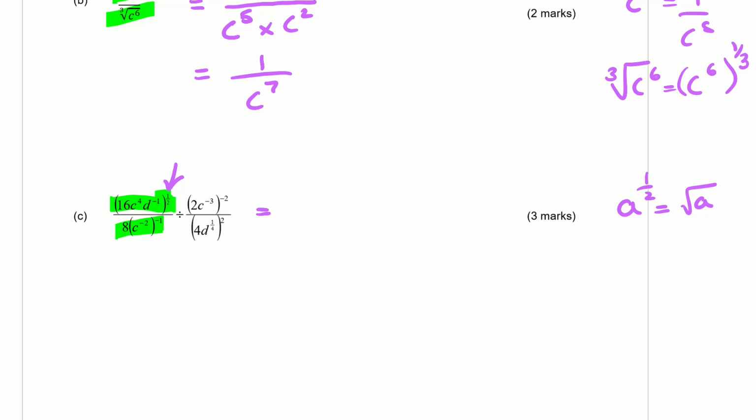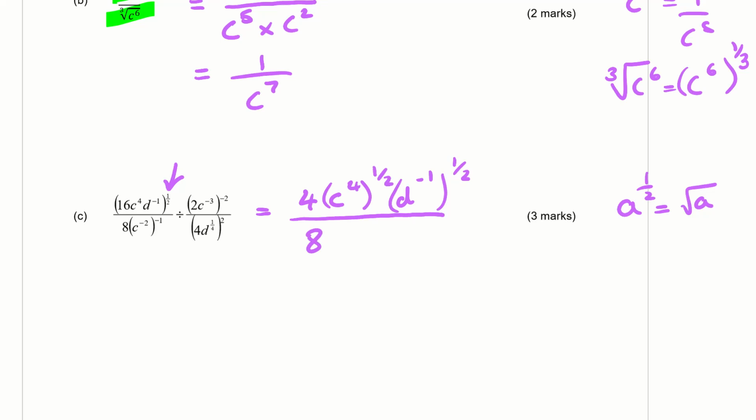So if we just look at the top of this one, we have the square root of 16, which is 4. Then we have c to the 4 to the half, and d to the negative 1 also to the half. Let's look now at the bottom of that fraction. Well, the 8 is just going to sit there because it doesn't have an index.